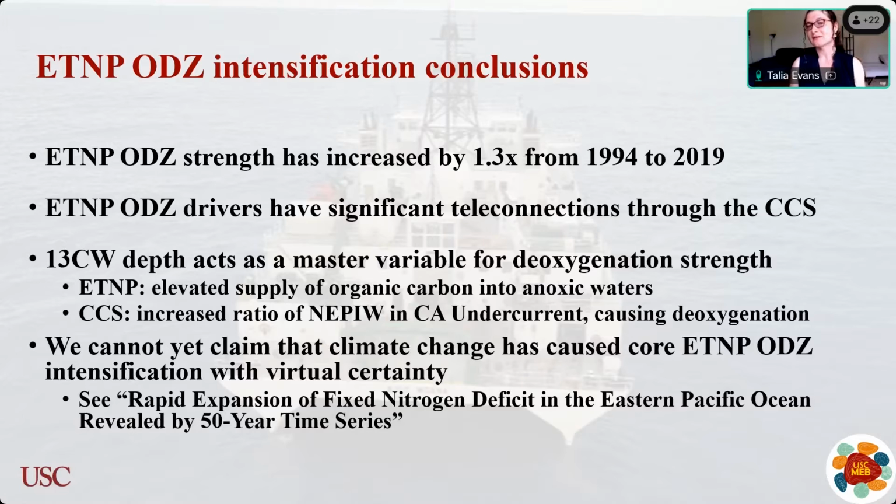So when you have a shallower 13C water, you have more NEPIW in the undercurrent, which has lower oxygen in that region and supplies less oxygen. So that's those connections. We have this basically master variable of this water mass depth across this entire semi-coastal region, or marginal sea region, right?